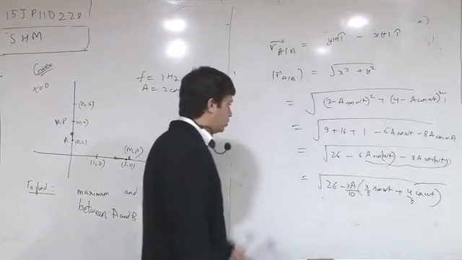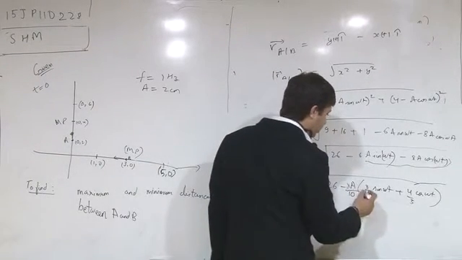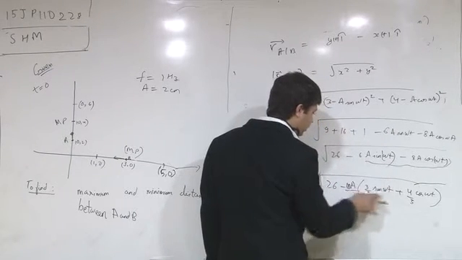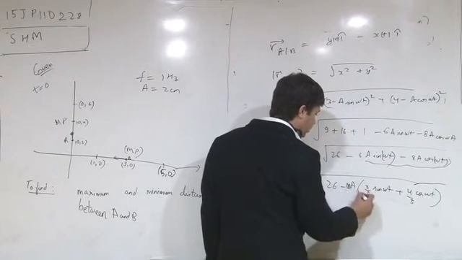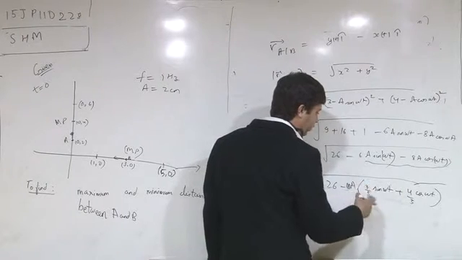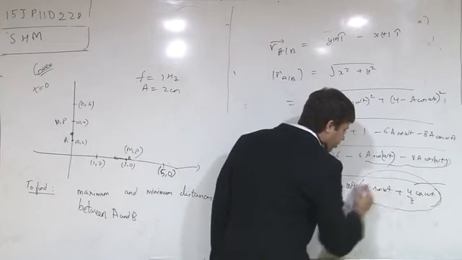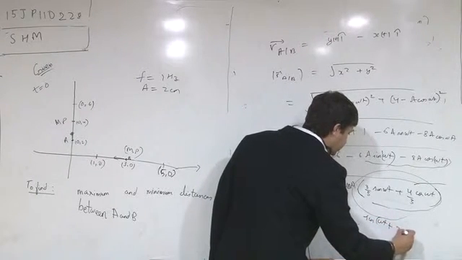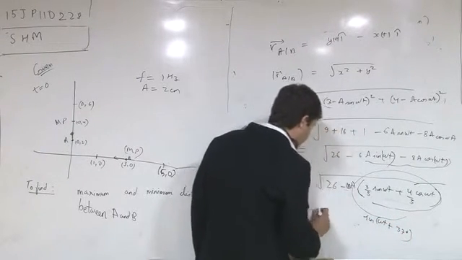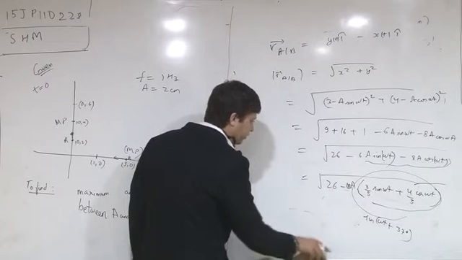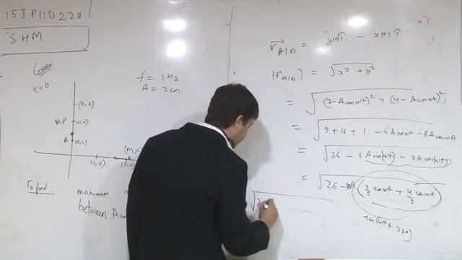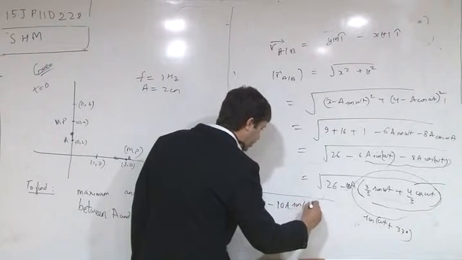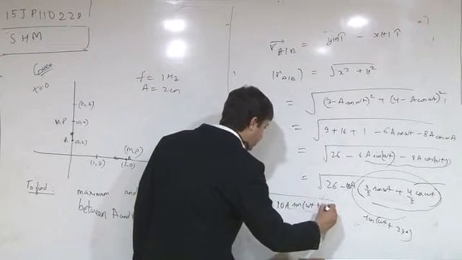I have taken 10 out of the entire expression. If you look at this, you will find it to be sin(omega t plus 37 degrees). So you will find it to be 26 minus 10a sin(omega t plus 37 degrees). Now we have simplified the entire equation.